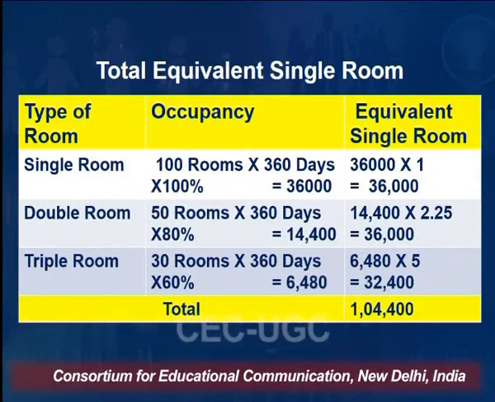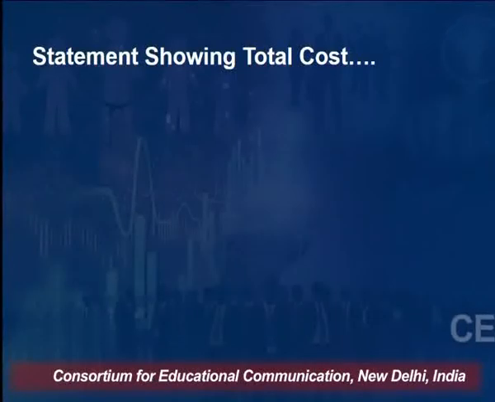Additionally, we have also considered the proportionate price changes across the category of rooms. So this gives me the total value of 1,04,400. Now you must be wondering what I will do with this 1,04,400. Let us see where we are going to use it.